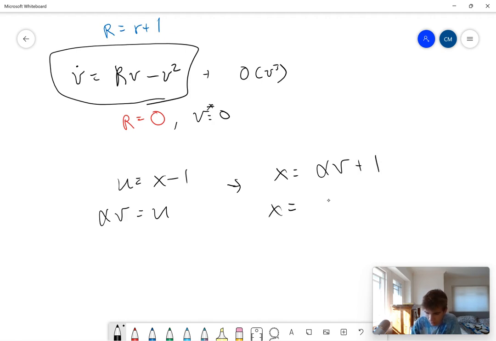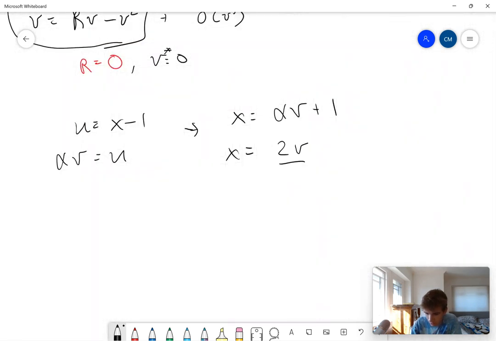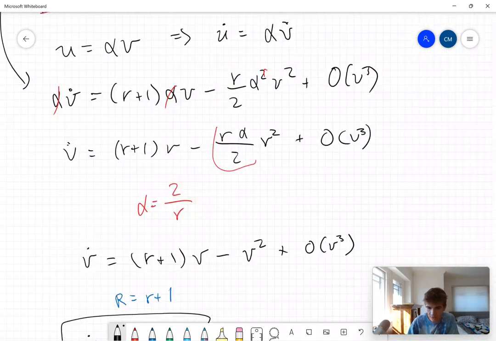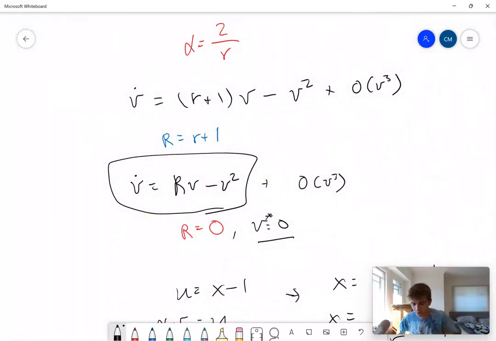X is equal to 2 over r, 2v over r plus 1. And so our critical point at x is going to occur at x star is equal to 1, as we've already determined because v star is equal to 0. Okay. So this is not super important, this analysis that I just did, except for the fact that we've just changed the variables.